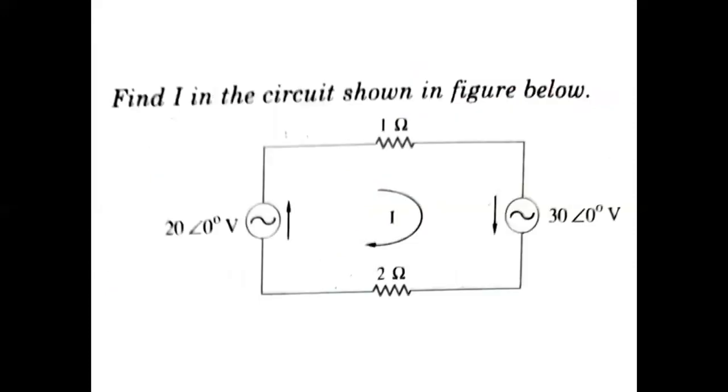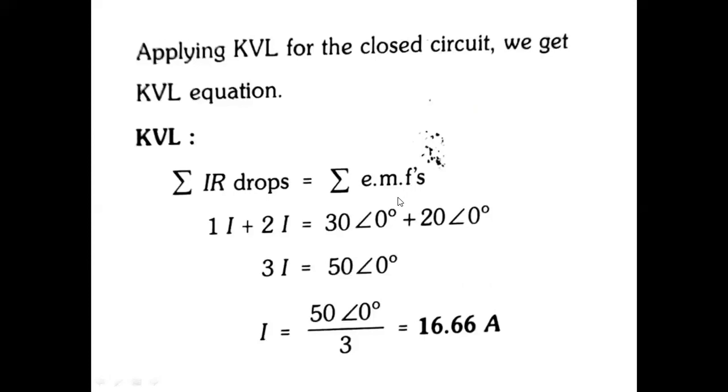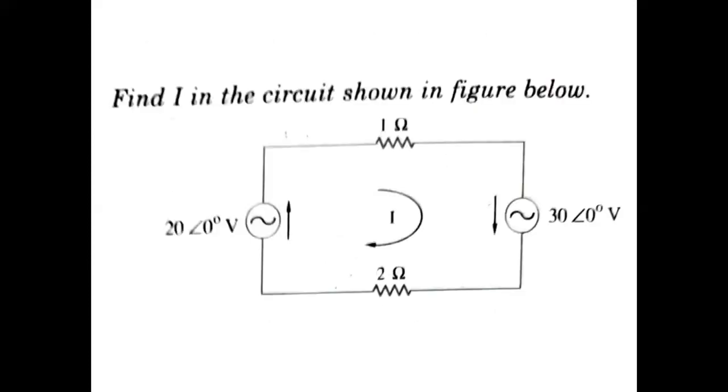Now let us see this problem. Find I in the circuit given below. By applying KVL, the sum of EMFs is equal to the sum of IRs.